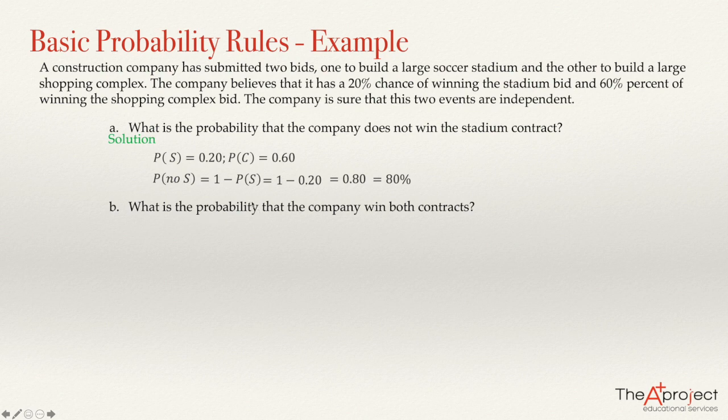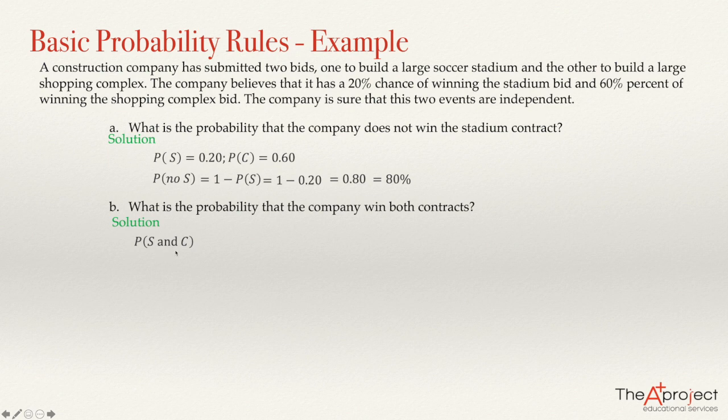What is the probability that the company wins both contracts? We have two events, and the probability that the two events happen is the probability that the first happens and the second happens. So it will be P(S and C). And now I'm going to use the fact that these two events are independent.